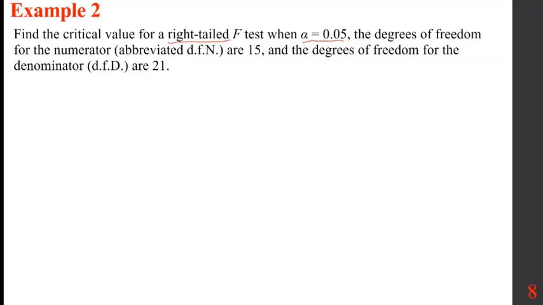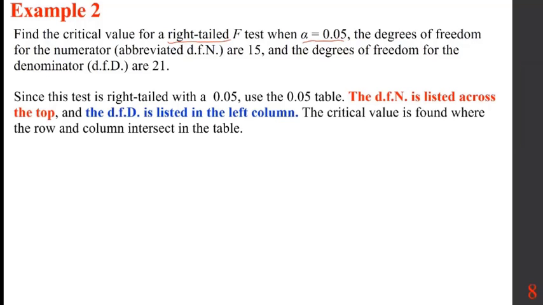Just for the sake of argument, if it were a left-tail test, then to the right is 0.95. They don't have anything like that as far as the table is concerned. Okay. With that being the case, we don't have to subtract 1 because degrees of freedom are given. So it is a right tail test. Alpha is 0.05. We use the 0.05 table.